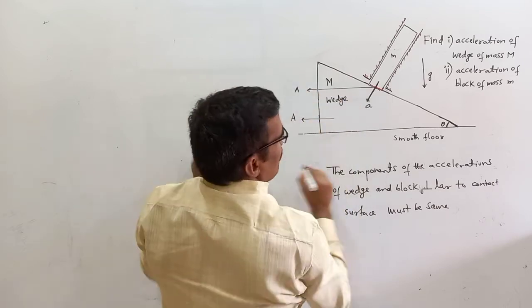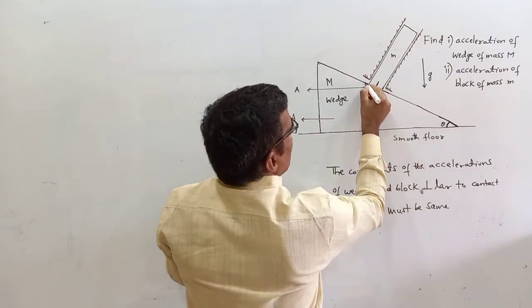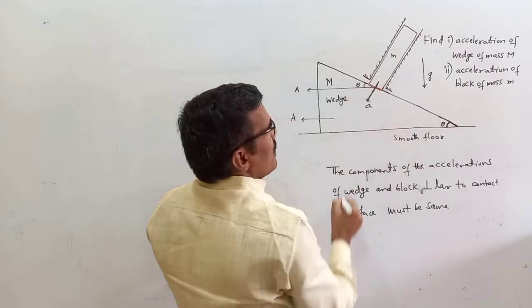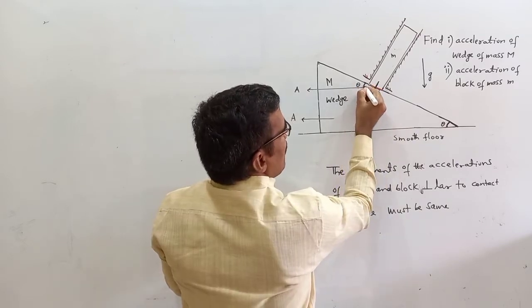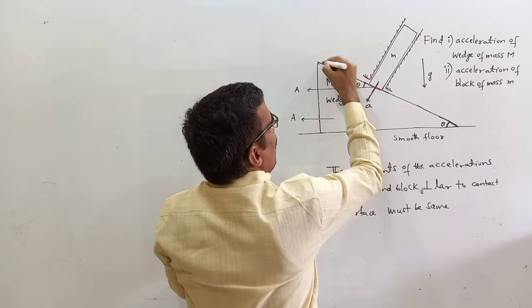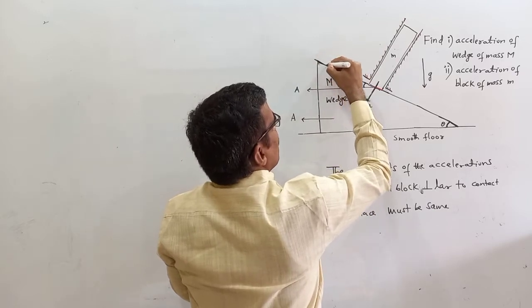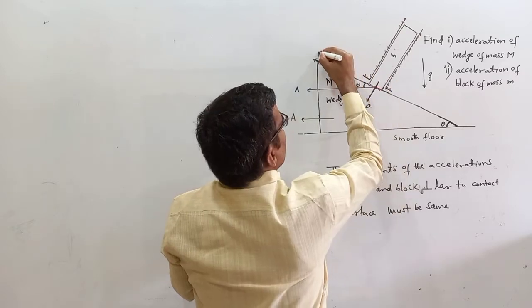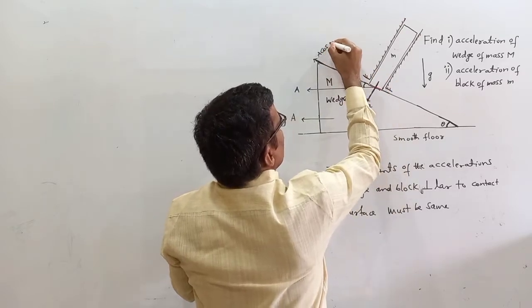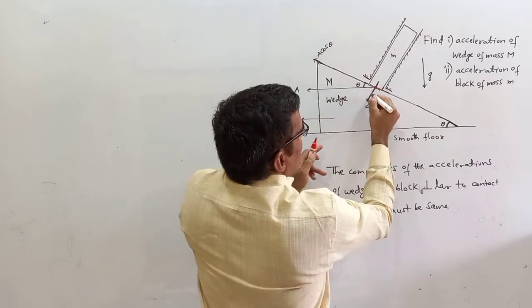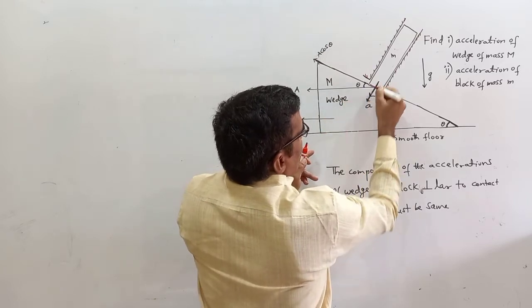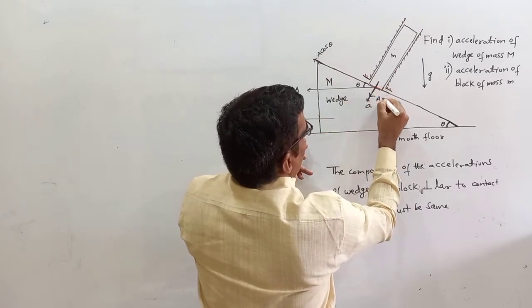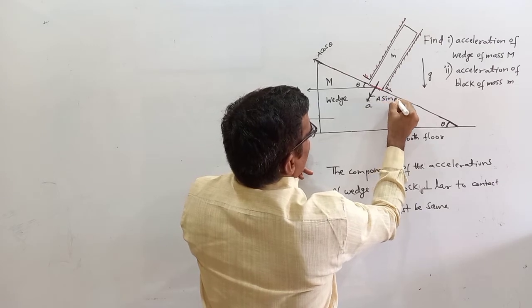So this is theta, and this is angle theta, this is A. Along the contact surface, it is A cos theta, and perpendicular to the contact surface it is A sin theta.